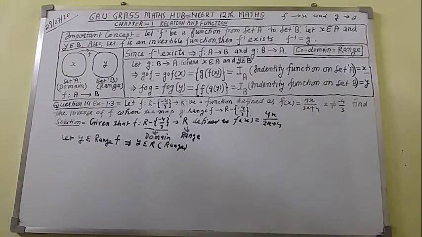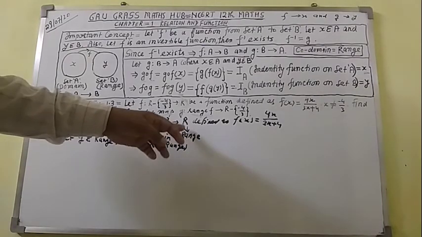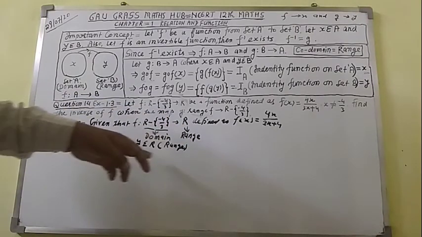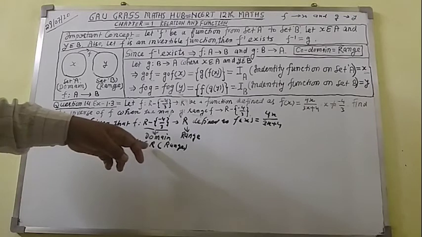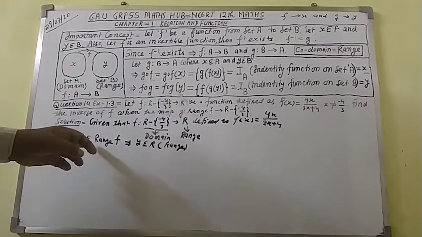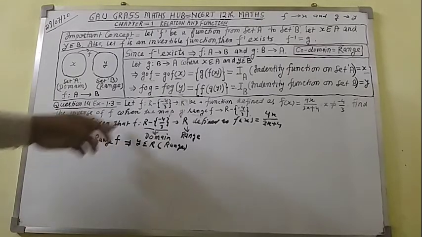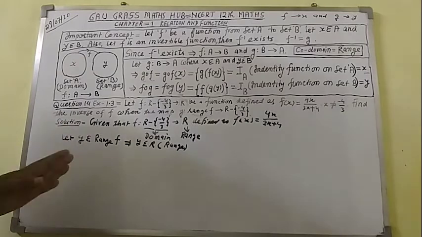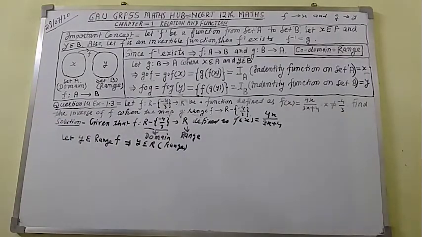In case of an onto function, codomain equals range. So here always write range: y belongs to capital R, range f. Range f will be capital R. This is the basic concept we must know to solve this.